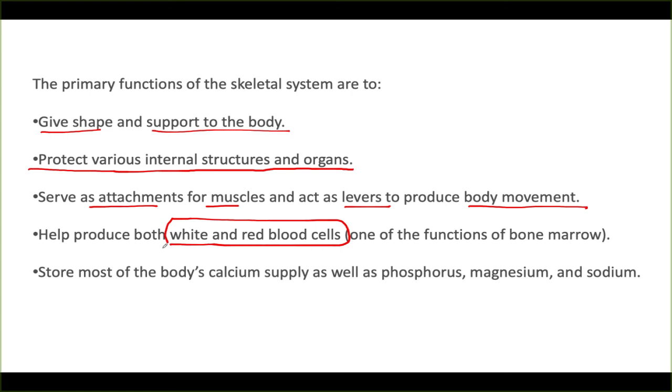Bone marrow will produce red blood cells as well as white blood cells. And then it stores most of the body's calcium supply as well as phosphorus, magnesium, and sodium. So it does store a number of minerals as well.